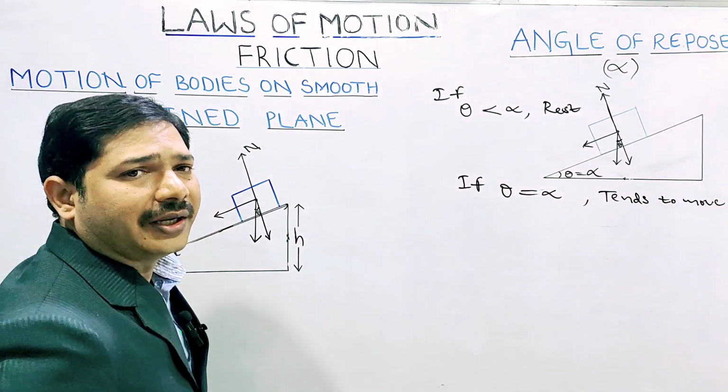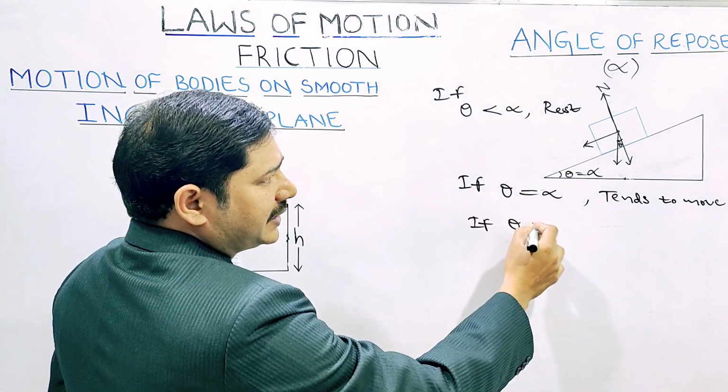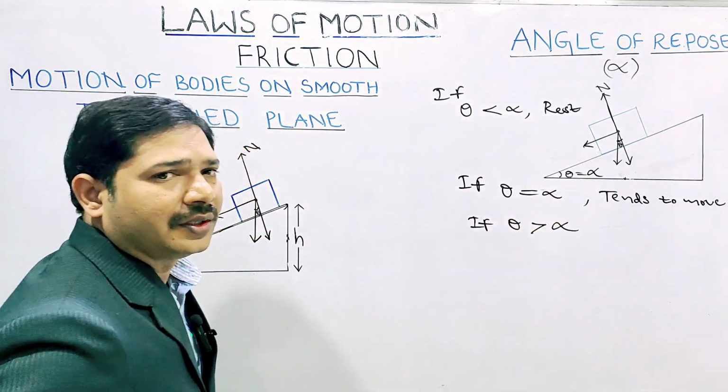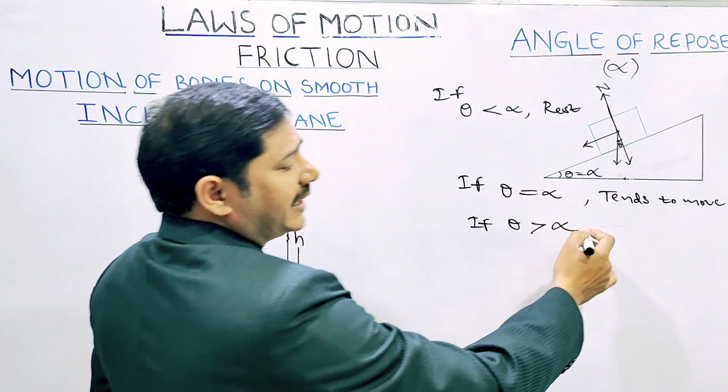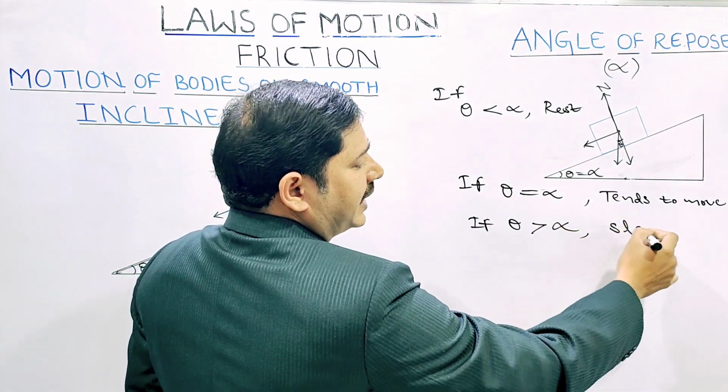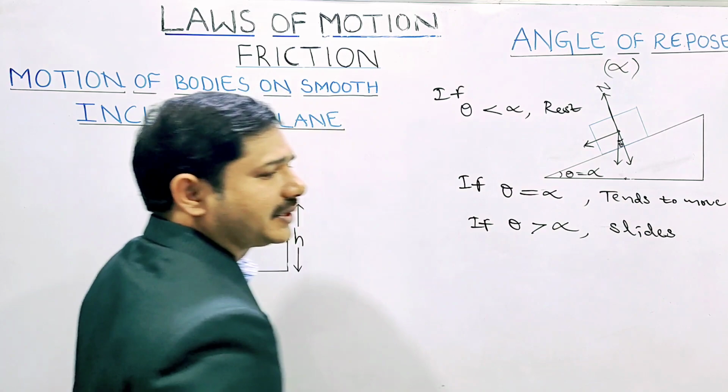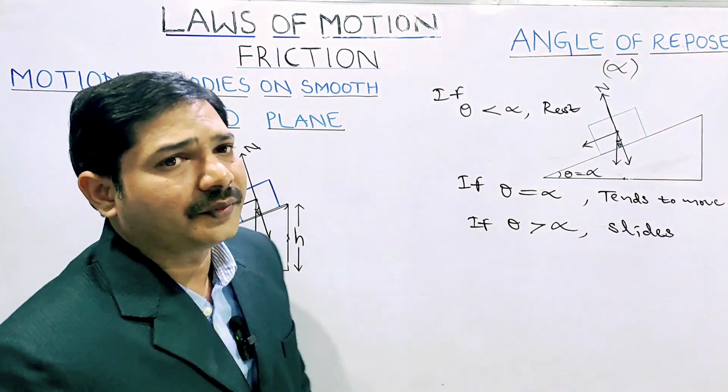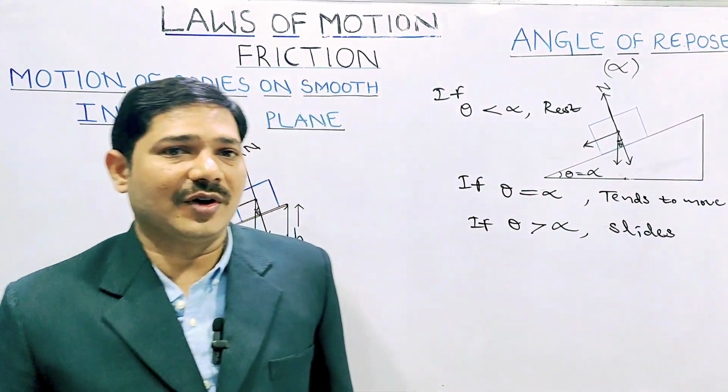If theta is greater than alpha, the body slides on the plane. So I think you understood what angle of repose means.